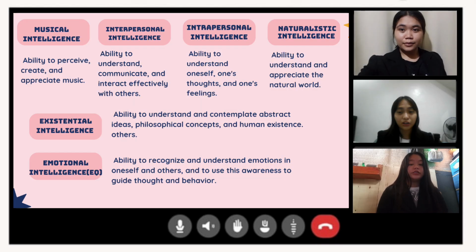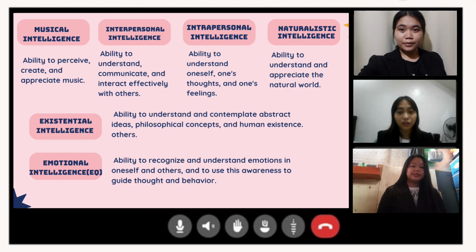The fifth is musical intelligence, the ability to perceive, create, and appreciate music, rhythms, tones, and sound. For example, a person who can play several instruments, compose songs, and easily recognize music patterns, like a composer or a singer.